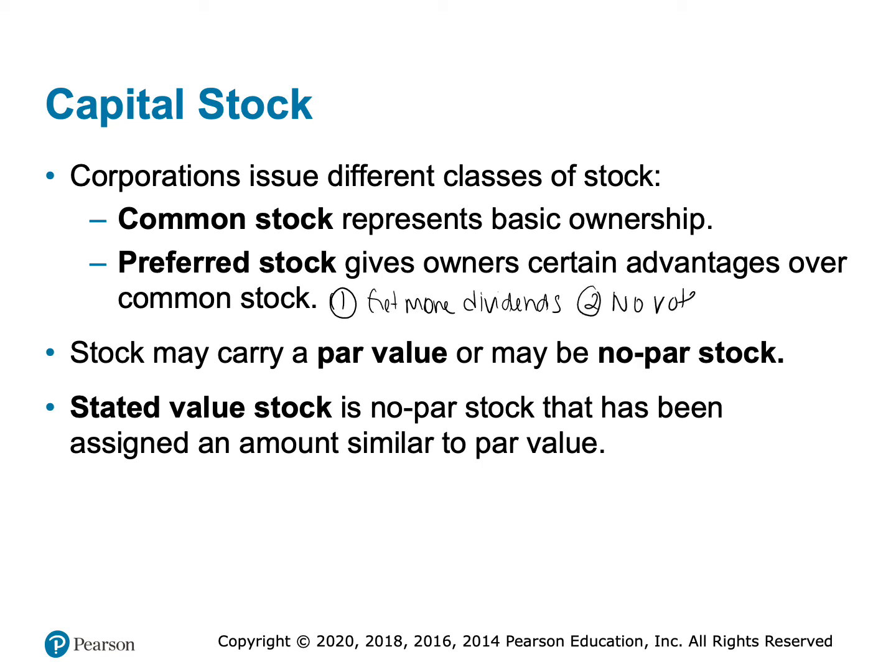Now, oftentimes preferred stock is given to executives as part of their compensation package. There's a lot of research about executive compensation. We don't really have time to go into all of it, but there are a lot of theories that say, if I want my CEO, my CFO, my company president, my vice presidents to really be invested in my company, I want them to be owners.